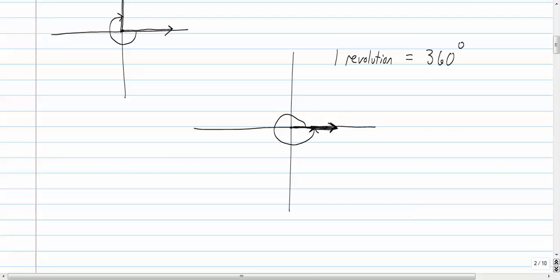Just as a little added fact that's in the book, do you know why it's 360 degrees? I believe the book says it's because the Babylonian calendar had 360 days. So one revolution here, 360 degrees. Just a little added fact there that you will probably forget when you leave.